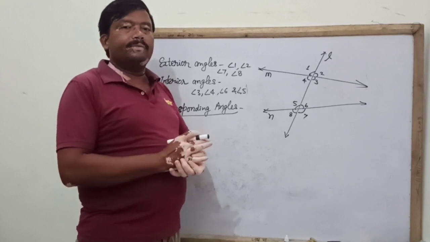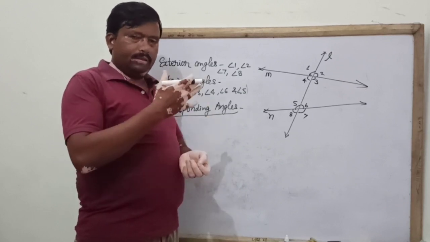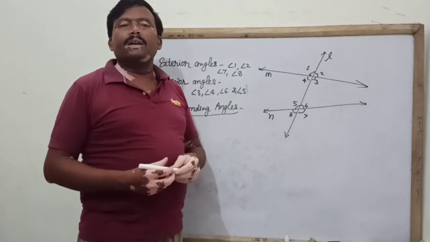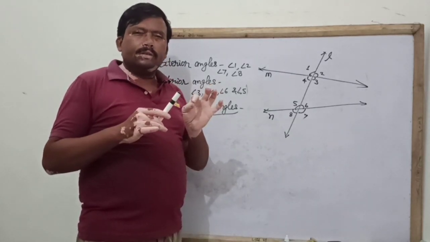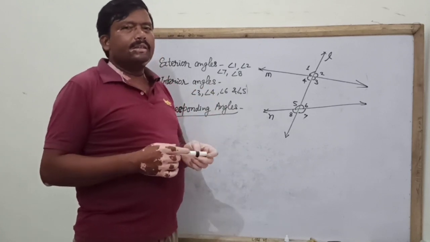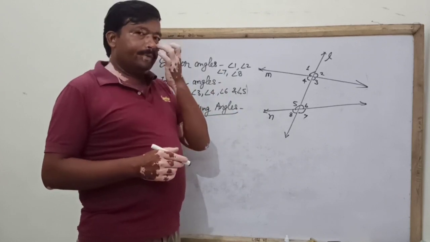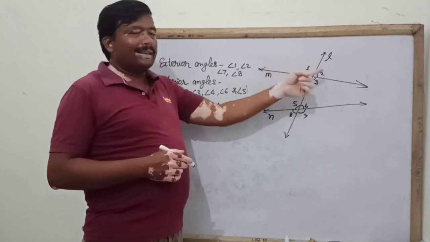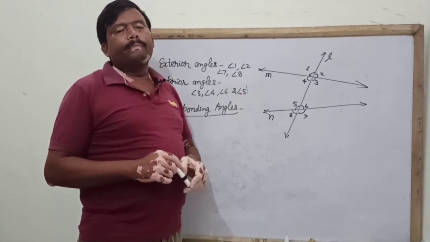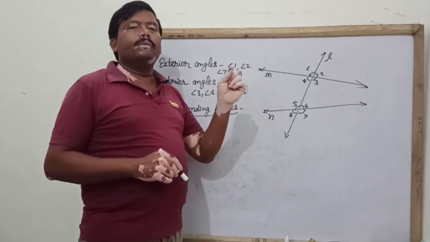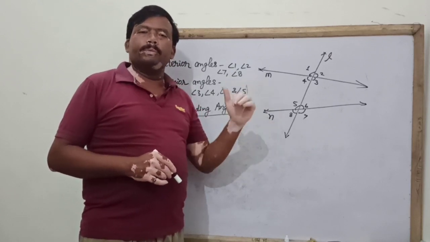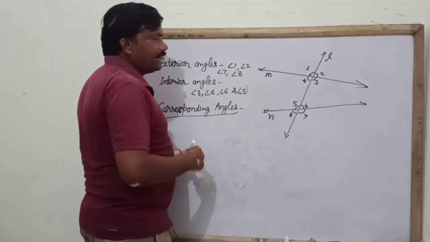As I have told you, corresponding angles are those which are formed after the same phenomena, by the same event. If you look at this picture, you can find some pairs which are the same in phenomena, formed after the same event or before the same event. Look at the picture.